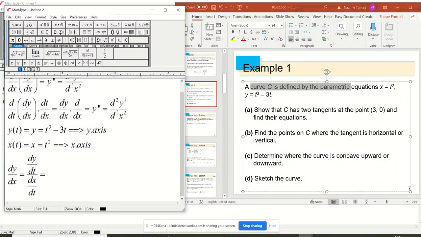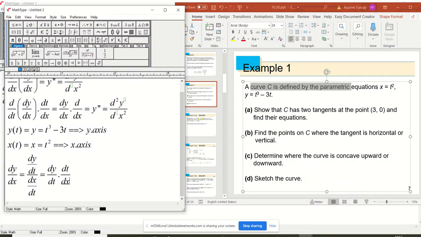So what we have here, you see that this is derivative of y over derivative of t, multiplied by the reverse of this one. This is dt over dx. So when we turn it to multiplication, it becomes dt over dx.